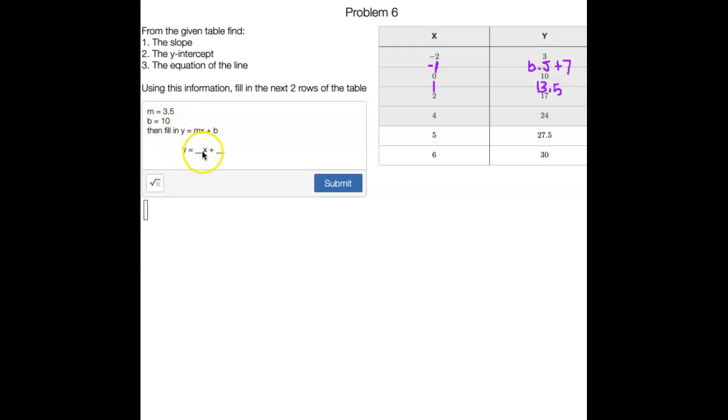And then y equals mx plus b. So in this one, y equals 3.5x plus 10. So there's that one. Again, be careful: if the inputs are not consecutive, you'll have to think about that and decide what your slope really is.